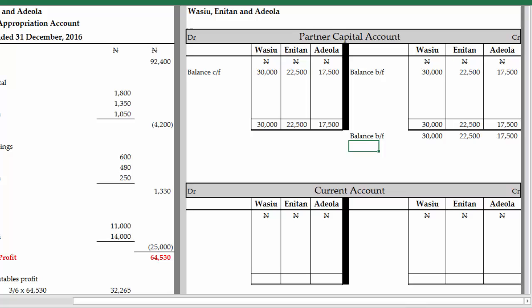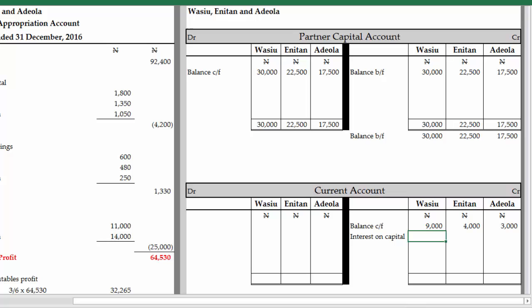Okay, now let's have the current account, also in columnar form. From the question, the balance in the current account for Wasiu was 9,000, Enitan was 4,000, and Adiola is 3,000. Firstly, we will credit the interest on capital to the current account. Remember, the interest on capital is the interest to pay on capital.